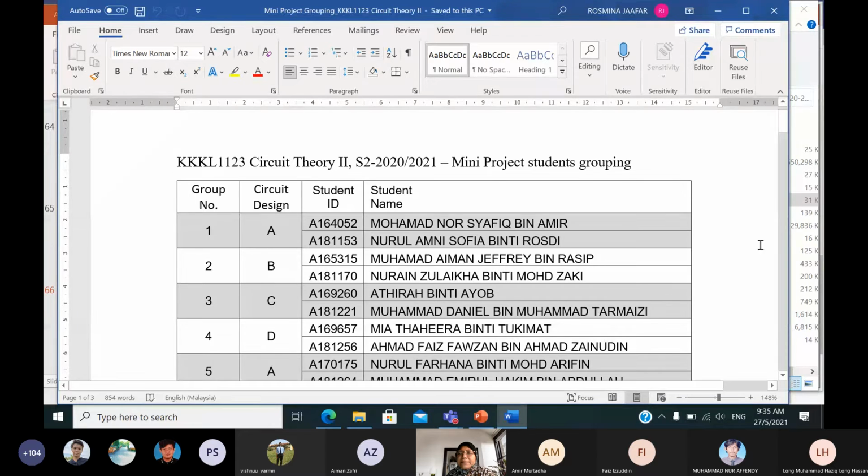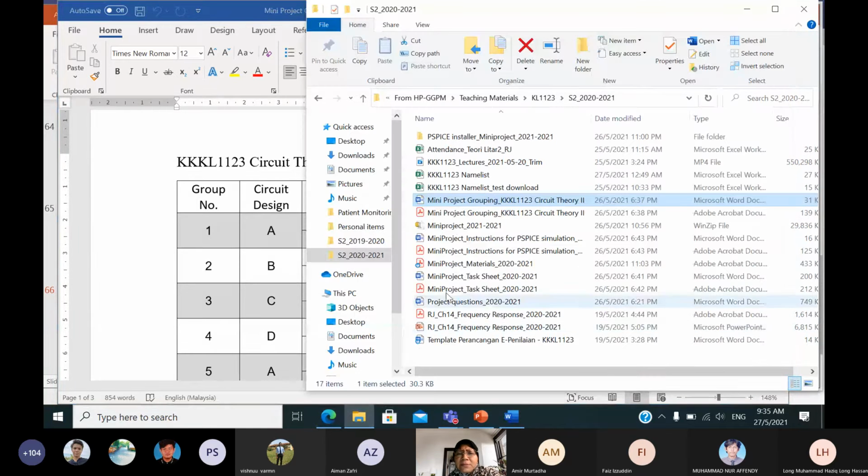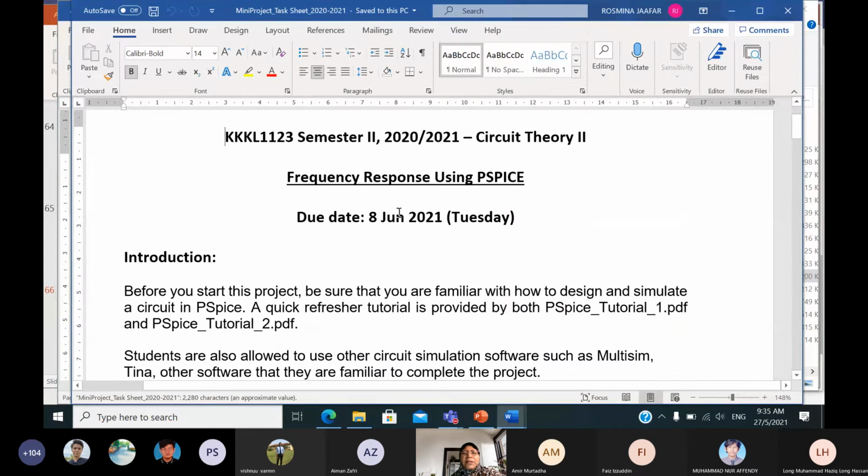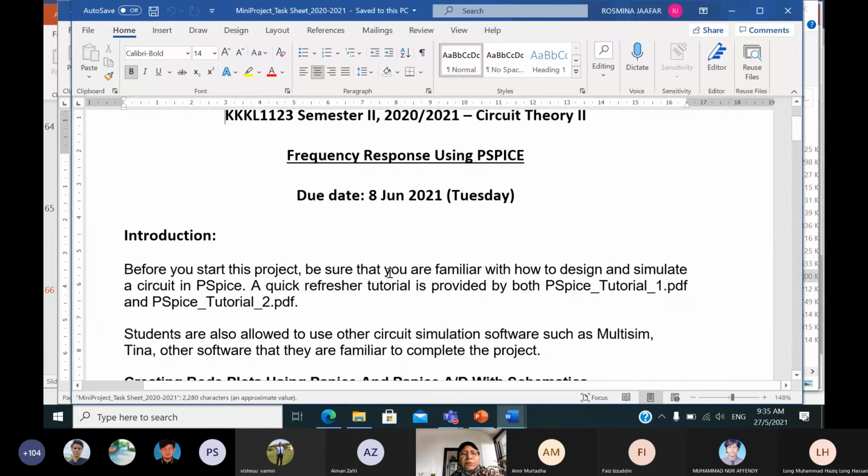The task sheet itself is actually for students to simulate. Okay, let me see the task sheet. Okay, here I put 8 June.